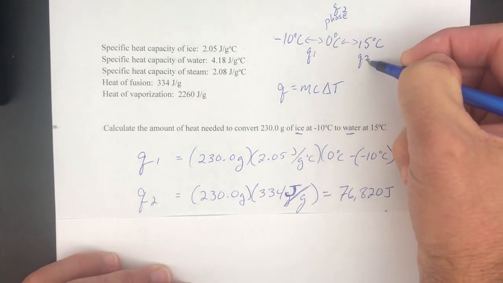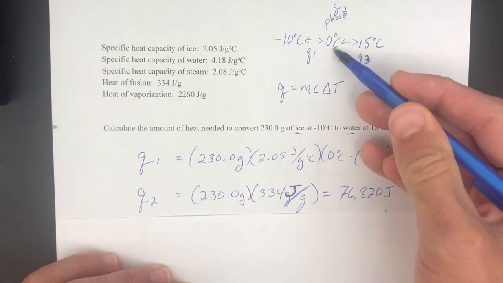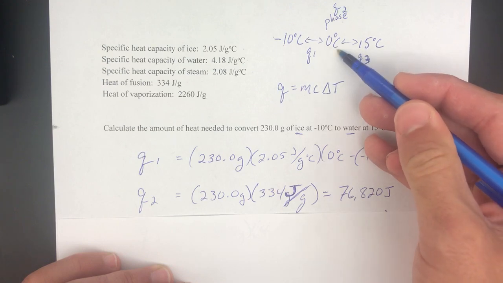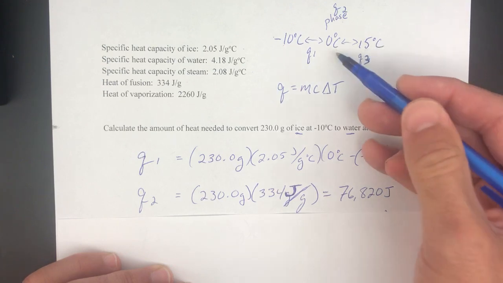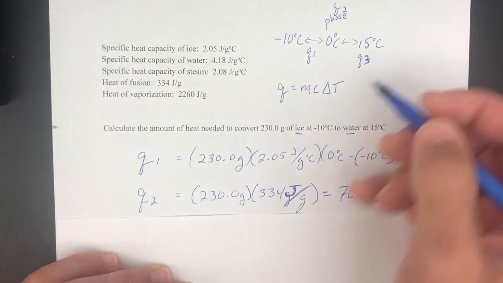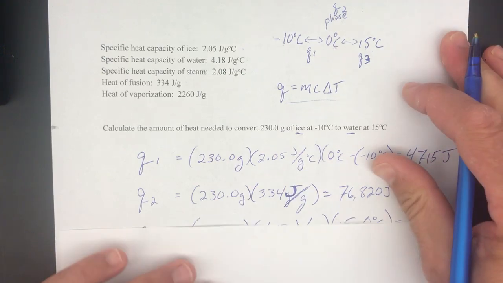Now we're looking at Q3. I wrote 2, but this is supposed to be Q3, and Q3 is the temperature change. Now that we have liquid water, we look at the temperature change between 0 degrees Celsius and 15 degrees Celsius. It's another Q equals MC delta T expression.